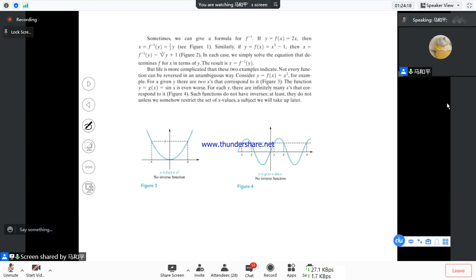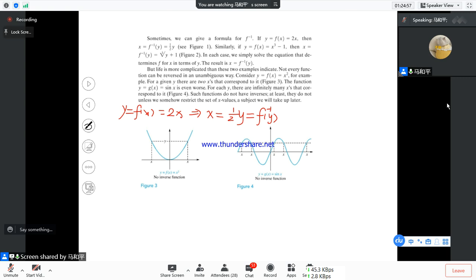And sometimes, given a function, we can give a formula for f inverse. For example, we have the expression f(x) equals 2x. Then from this formula we can have x equals 1 over 2 times y. And so we write this as f inverse of y. Here, the input is y and the output is x.